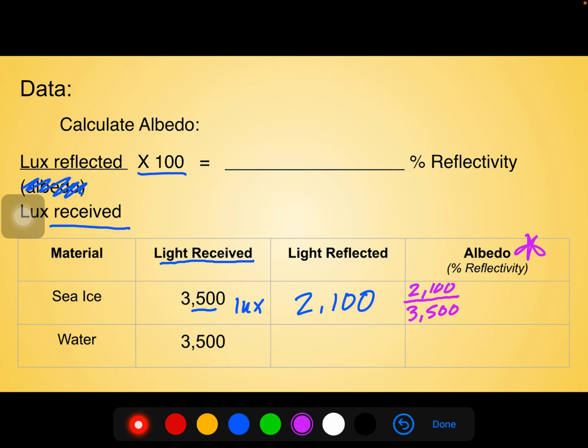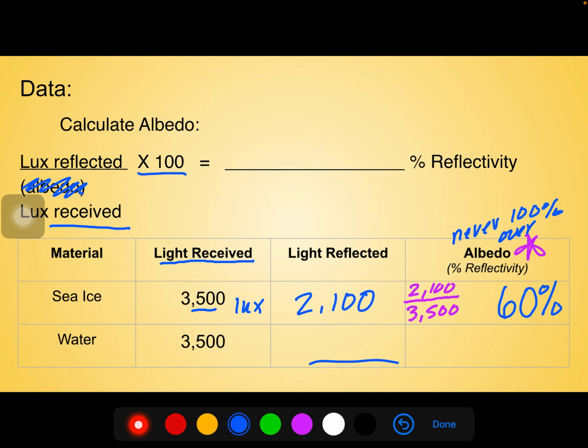And it's important we always do it in that order, right? We don't want to put the bigger number on top. That doesn't work mathematically. And so this one works out to be 60% albedo, right? Reminder, this is never going to be over 100%, or you did your calculation wrong. Okay? So 60% for sea ice.